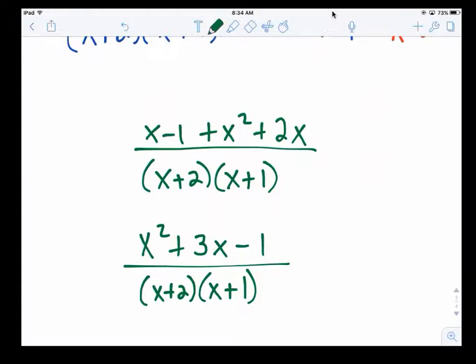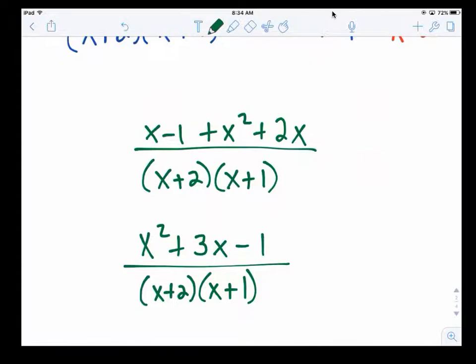Okay, now, can I factor the top here? x squared plus 3x minus 1. The only way, if this number here is -1, the only possible number that I could get would be 2. All right, so I cannot factor that.